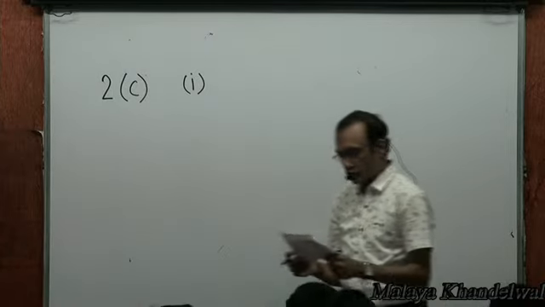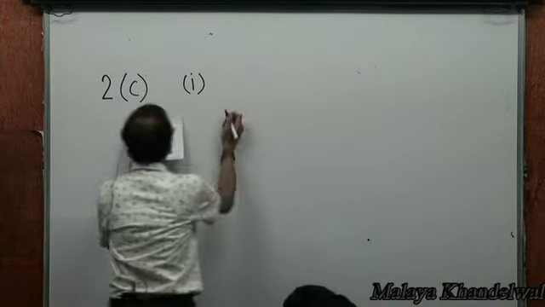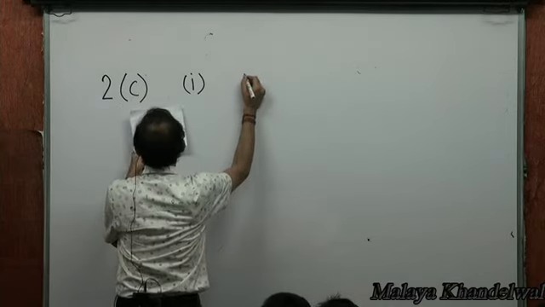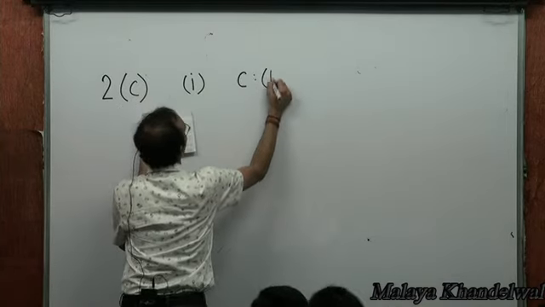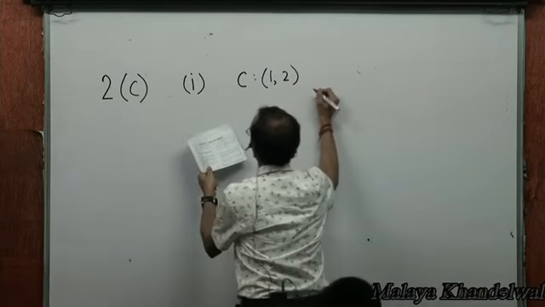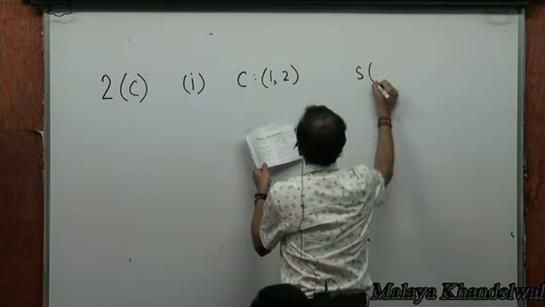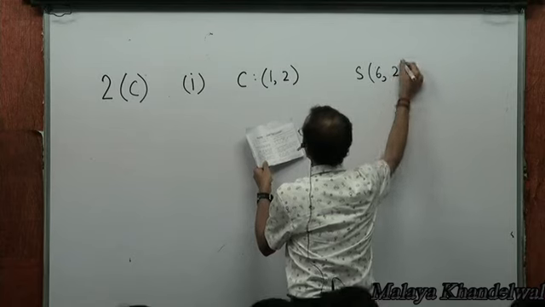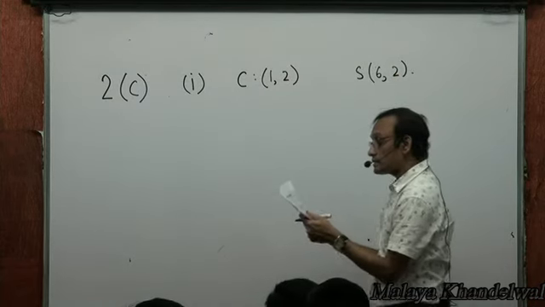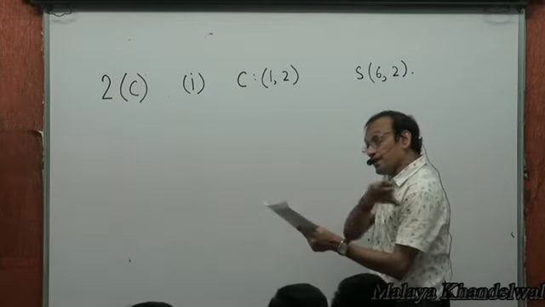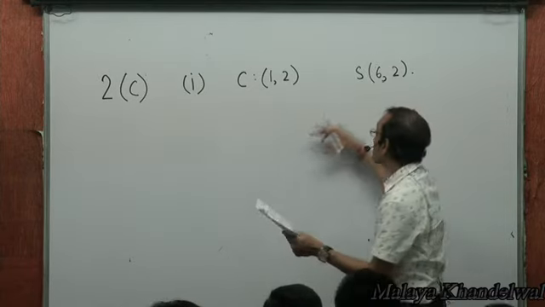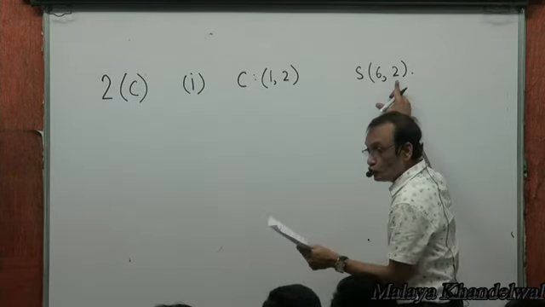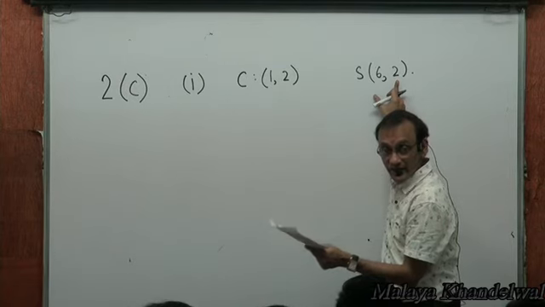We want to find the equation of an ellipse with the following specification. 1. The center of this ellipse is (1, 2), and one of the foci is (6, 2). That means the line joining the center and the focus will lie along the major axis. That means the major axis is very clearly y equal to 2, isn't it?